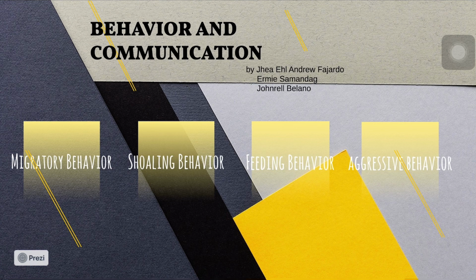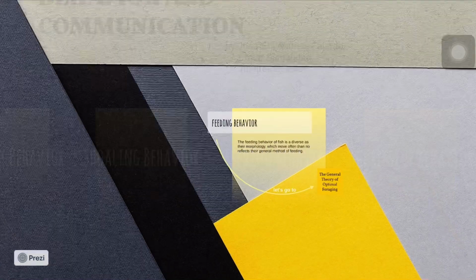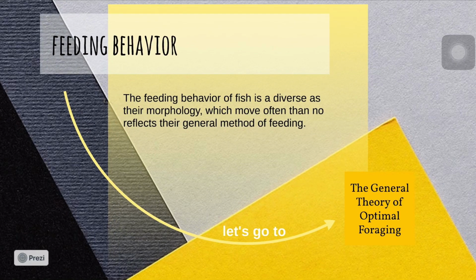Next is feeding behavior. The feeding behavior of fish is as diverse as their morphology, which more often than not reflects their general method of feeding.